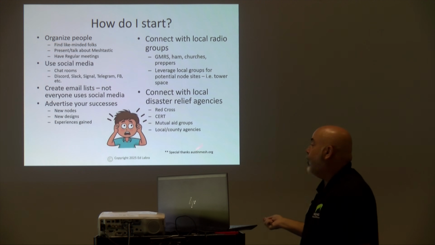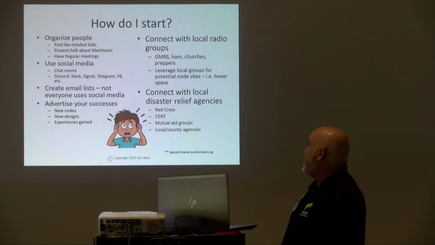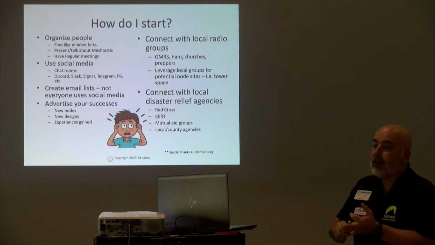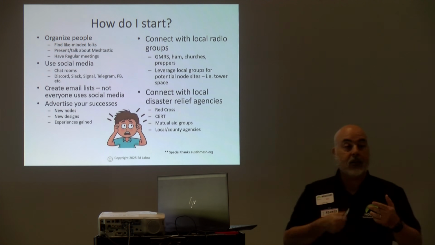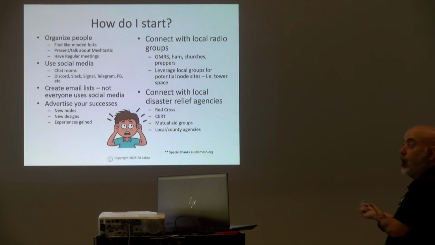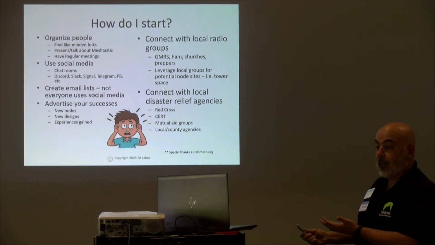Here's another one. Local disaster relief agencies. Red Cross, CERT, mutual aid groups, and the local churches and parishes and municipal county agencies. If they knew about Meshtastic, they might be very interested in it.